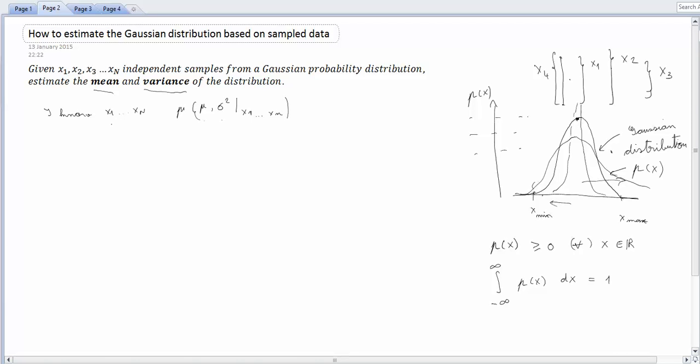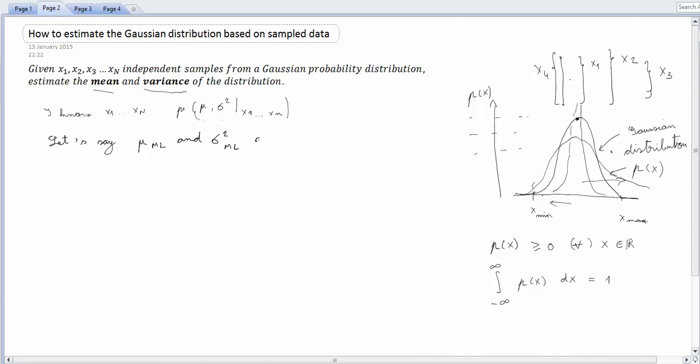So let's say mu maximum likelihood and sigma squared maximum likelihood are the mean and the variance.